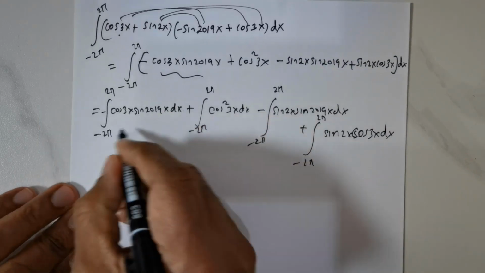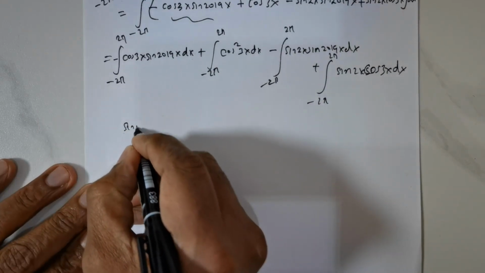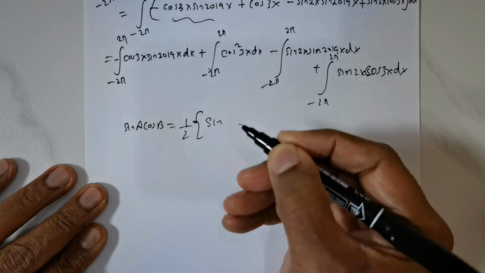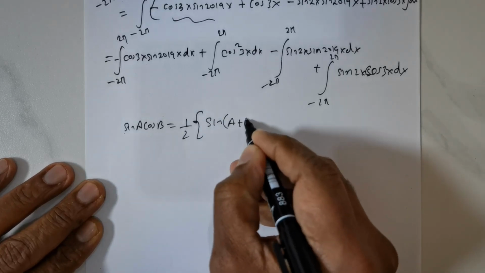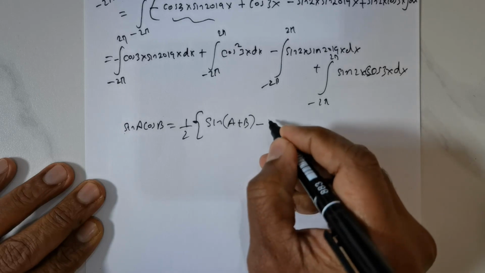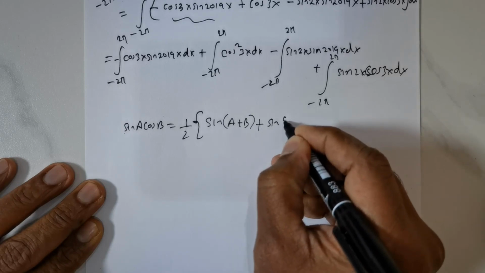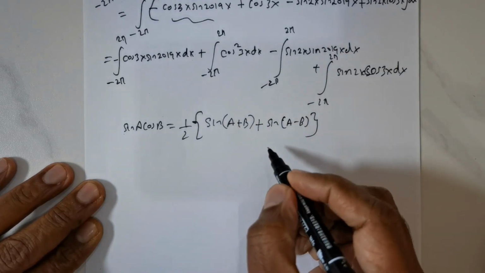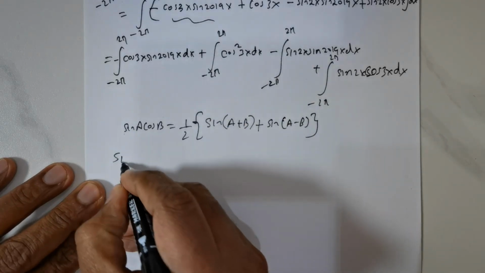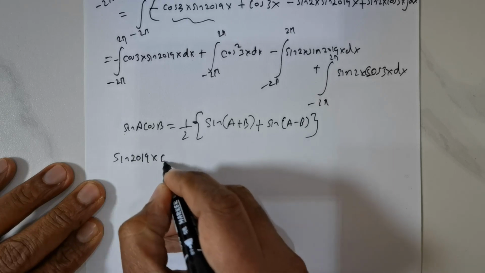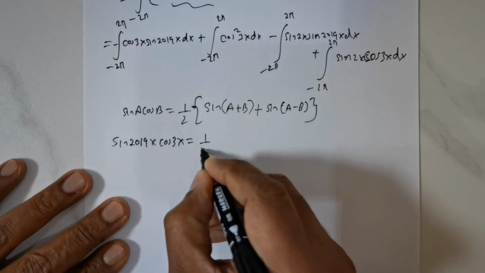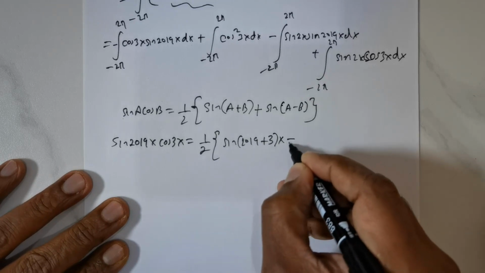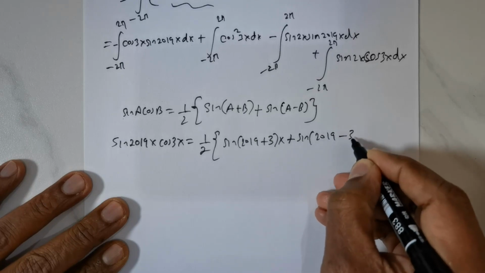Okay, fair enough. Now let me solve this first. This is similar to sine A cos B, which is equal to half times sine of A positive B plus sine of A negative B. So using this I can rewrite sine 2019x times cos 3x as 1 over 2 times sine of 2019 plus 3 times x, plus sine of 2019 minus 3 times x.